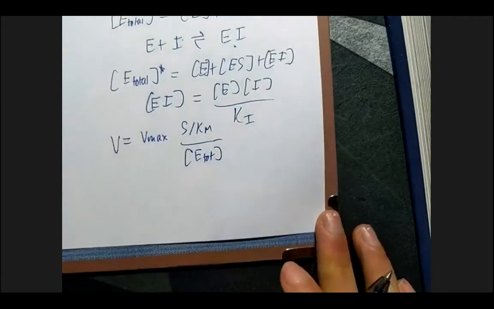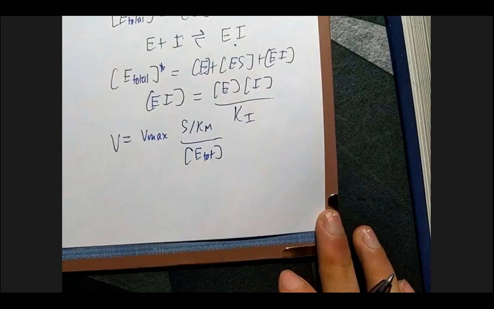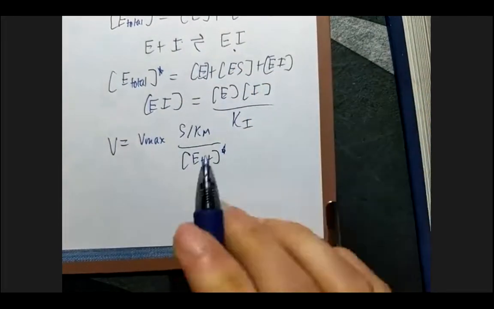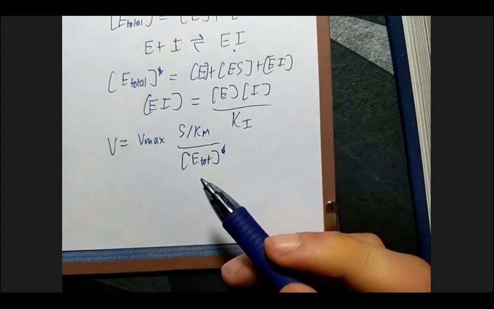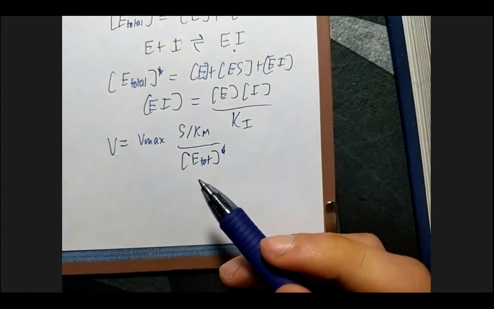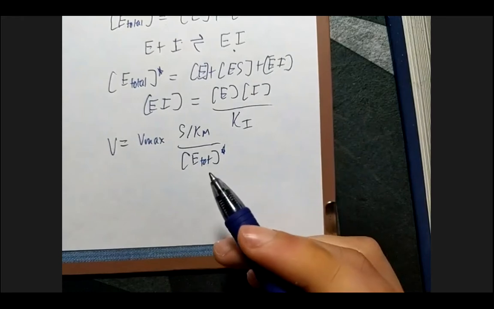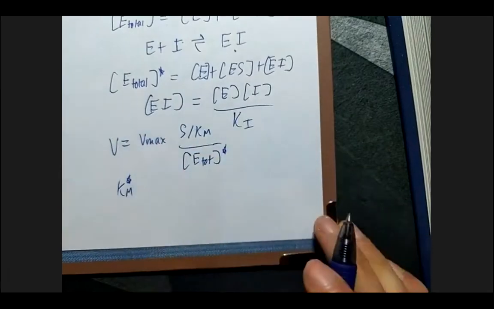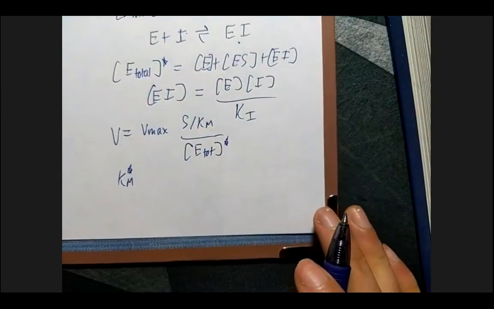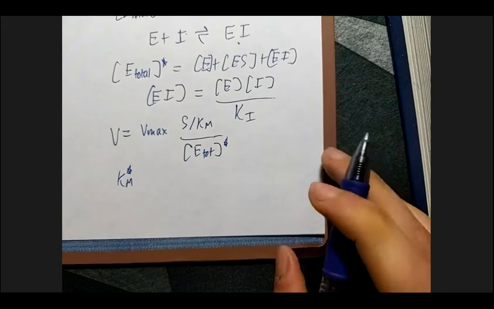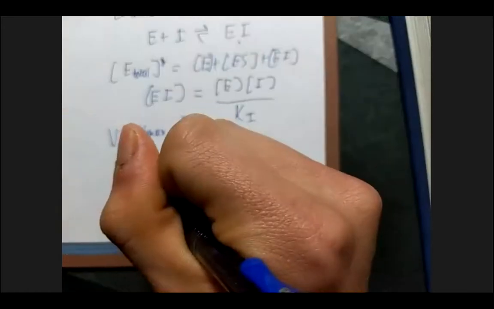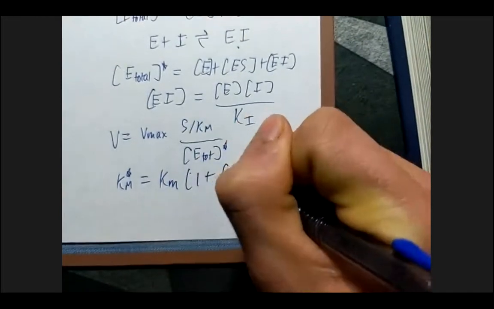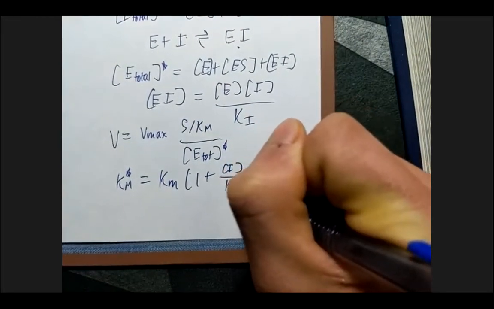If you plug in the E total from this one, take the reciprocal, and go through the calculations, you will find that Km star, which is the Km for this inhibited reaction, would equal Km times 1 plus I over Ki.